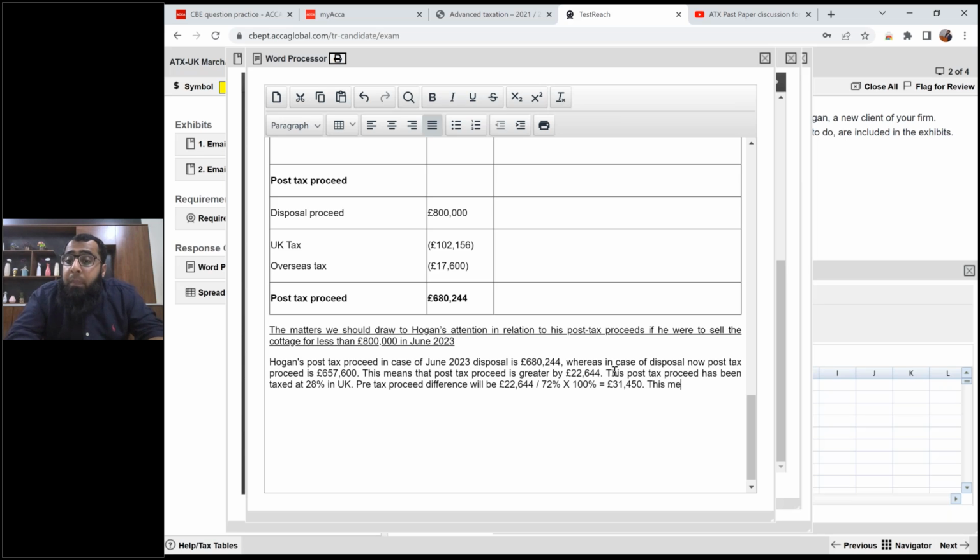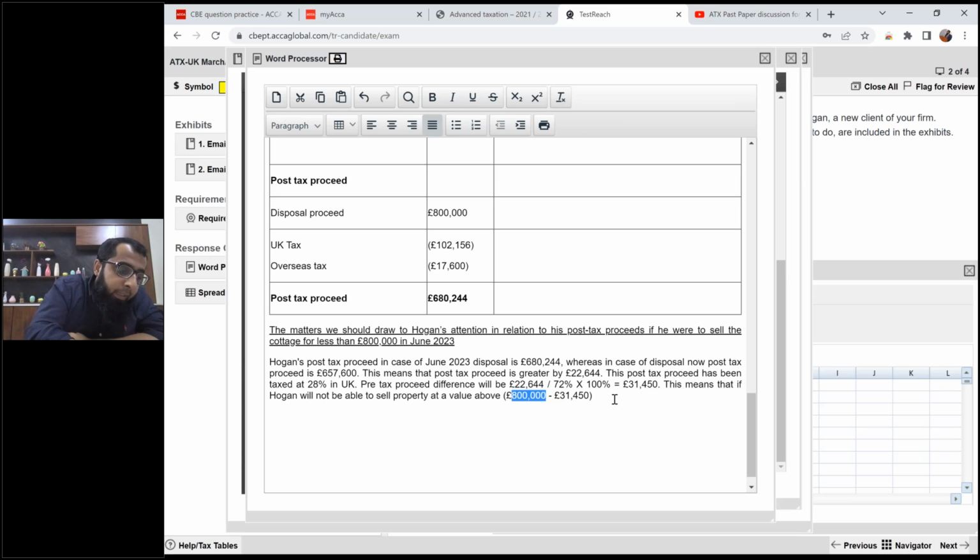This means that if Hogan will not be able to sell the property at a value above, what is that value? 800,000 pounds minus 31,450 pounds. See, this 800,000 pounds is the pre-tax amount.